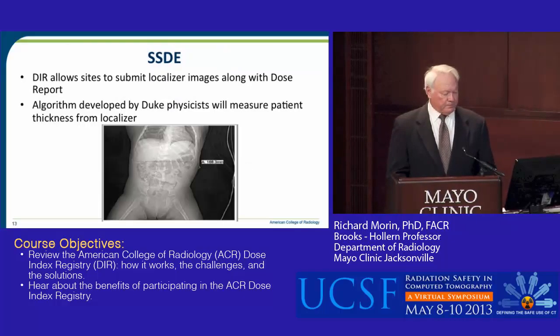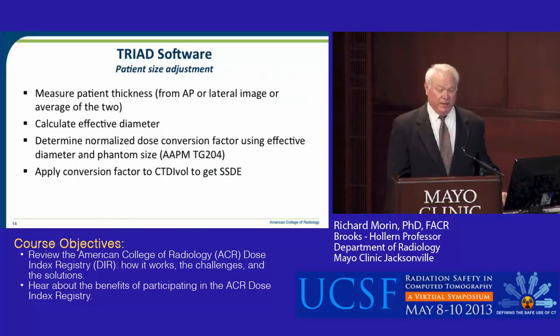Next slide. So the SSDE is the size-specific dose estimate. It was a technique developed by a task group of the American Association of Physicists in Medicine. So the images come in, and an algorithm developed at Duke is used, in which the size of the patient is determined and made into an equivalent circle, and from that the estimate can be made. Next slide, please.